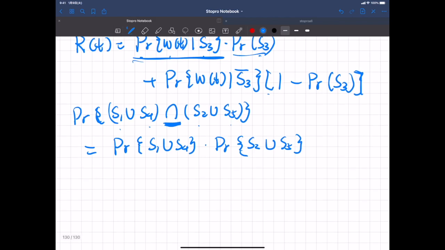Okay, and so this probability is in general, so the probability of union is given as probability of S1 plus probability of S4 minus probability of the intersection.